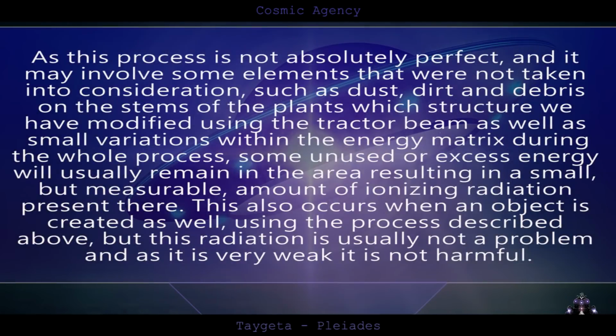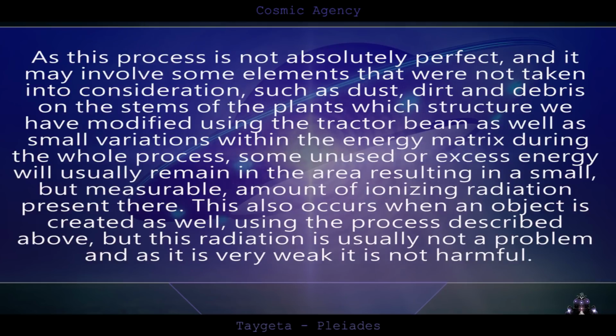As this process is not absolutely perfect, and it may involve some elements that were not taken into consideration, such as dust, dirt, and debris on the stems of the plants, which structure we have modified using the tractor beam, as well as small variations within the energy matrix during the whole process.